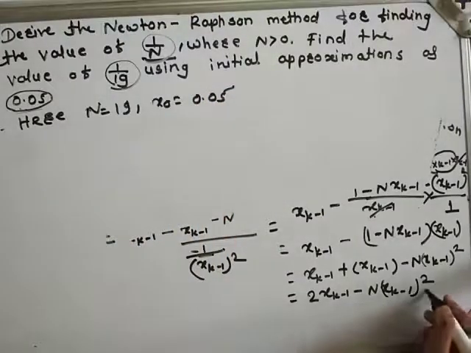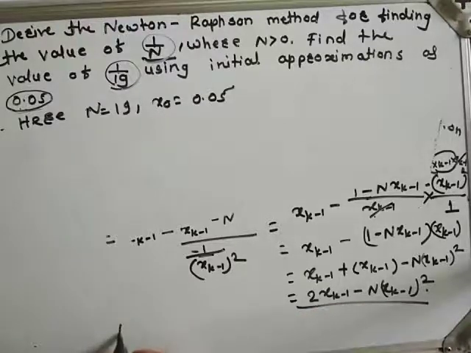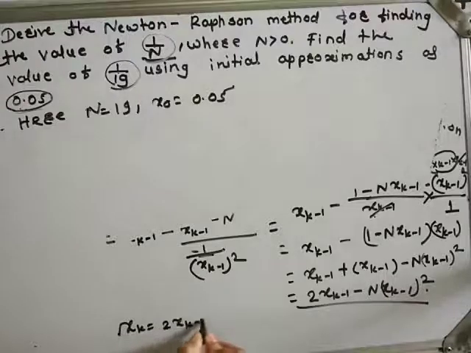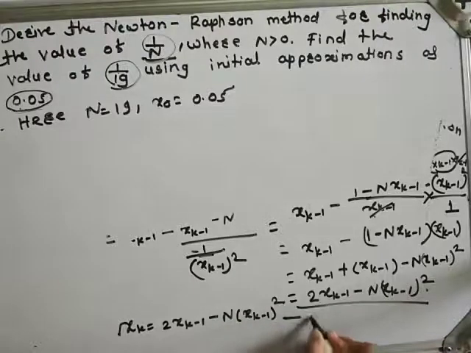This we will get xk is equal to 2xk minus 1 minus n into xk minus 1 square. Call this equation number 1.